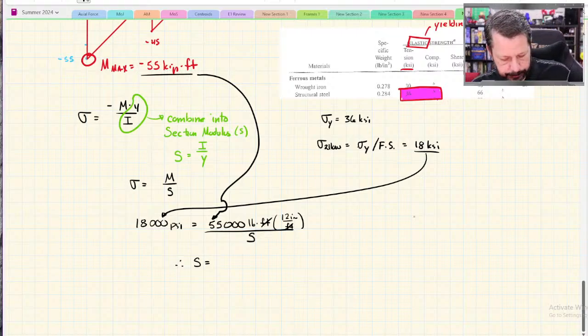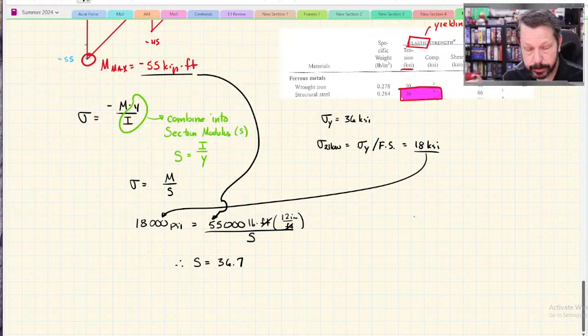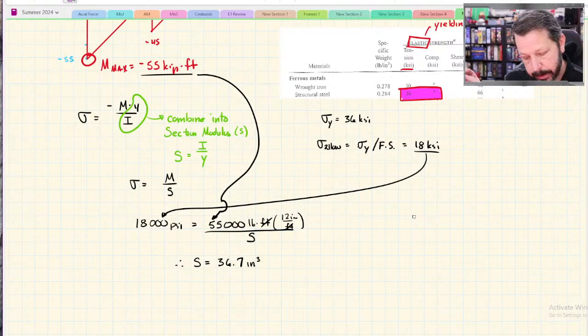S will equal 55,000 times 12 divided by 18,000, 36.7. And those units end up being inches to the third power. I've got psi over here, which is pounds per square inch. The pounds cancel out.